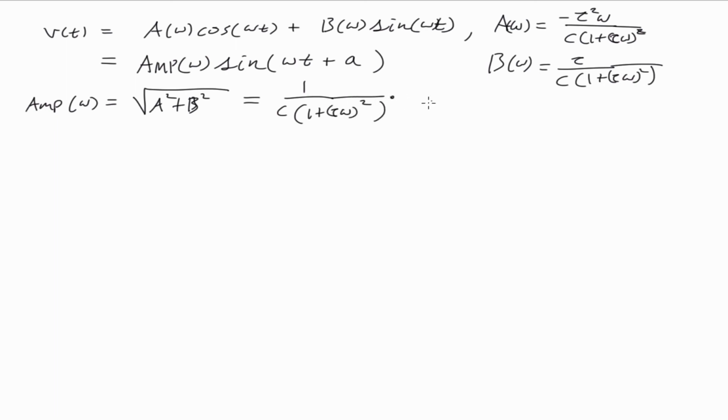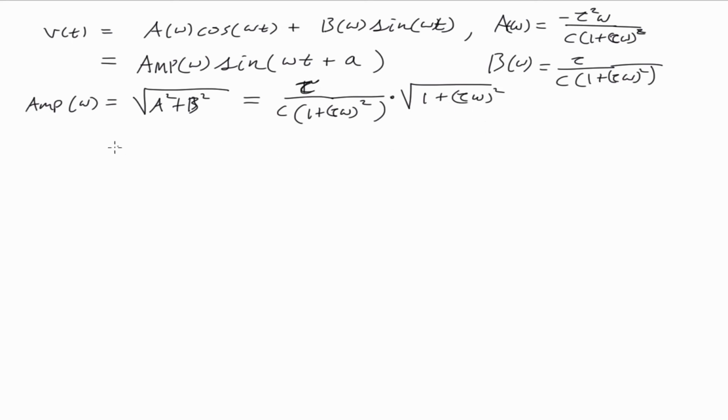And in the numerators you can pull out a tau, and what's left over is the square root of 1 plus tau omega quantity squared.